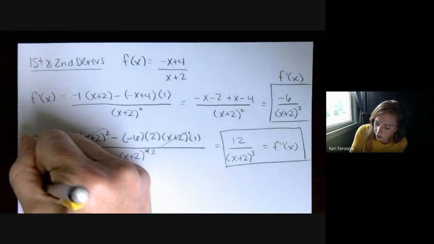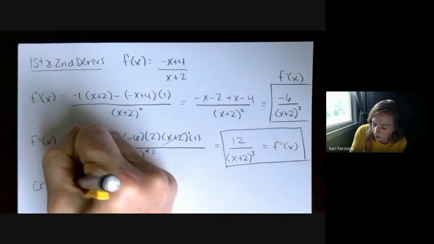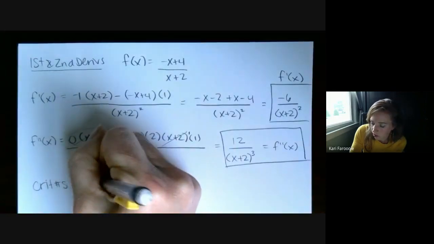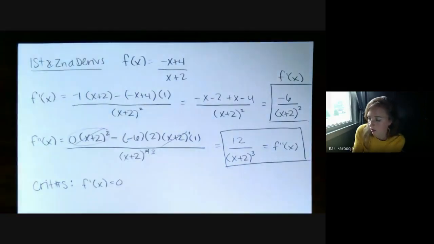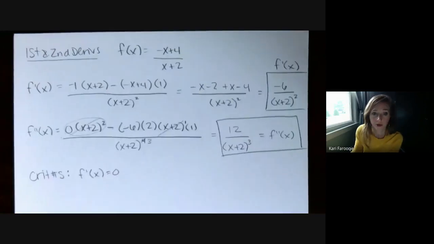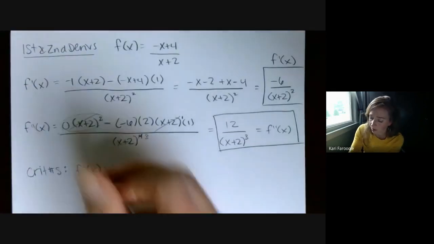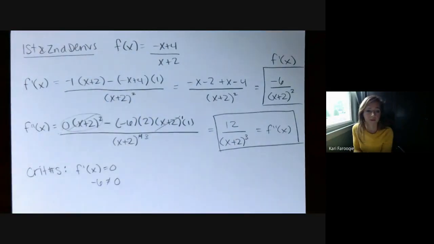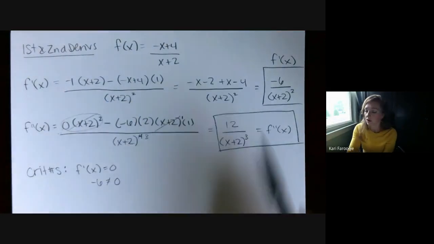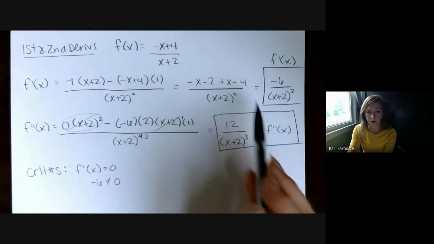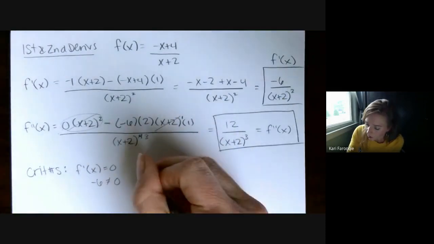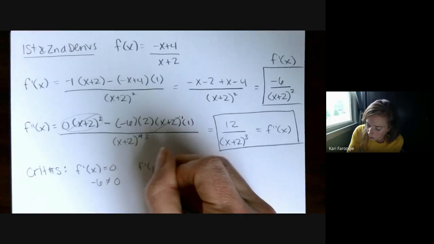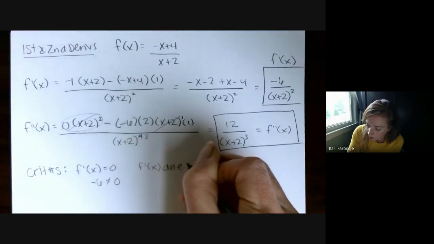All right, so to find the critical numbers, we're going to take our derivative and we're going to do two things. One of those things is set it equal to 0. Well, you can see that this is a waste of time because negative 6 cannot equal 0. So you're not going to get any critical numbers to pop out of the numerator. And as far as the denominator is concerned, we're looking for f prime of x does not exist.